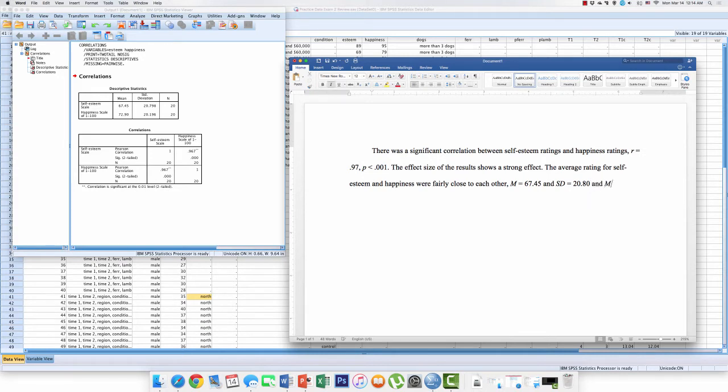And then we have the other mean for happiness of 72.90, and standard deviation of 2.20 respectively. Okay, so that's our correlation.